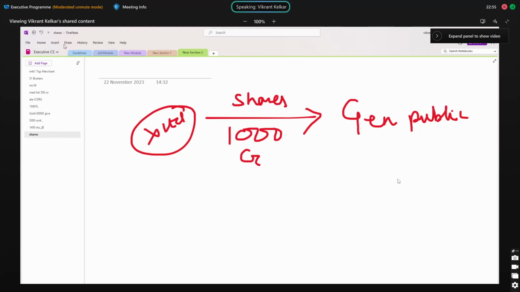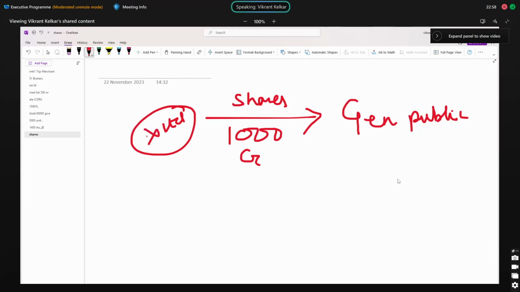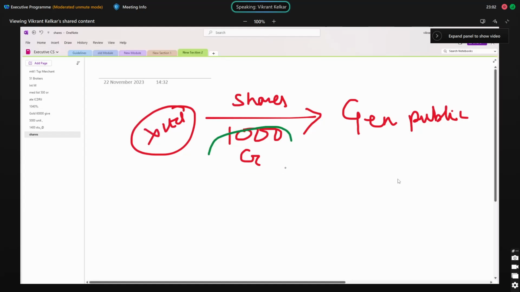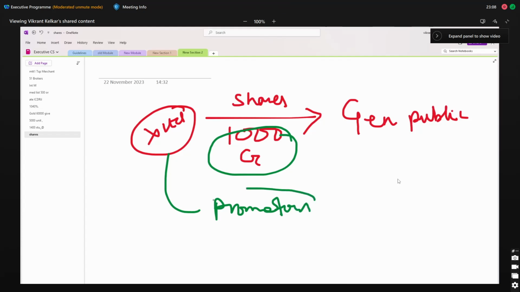The regulations suggest that out of whatever you are raising from the general public, some part should be contributed by the promoters of the company. So technically, the whole 1000 crore worth of shares should not be issued to the general public, but some part should be there as a contribution by the promoters.